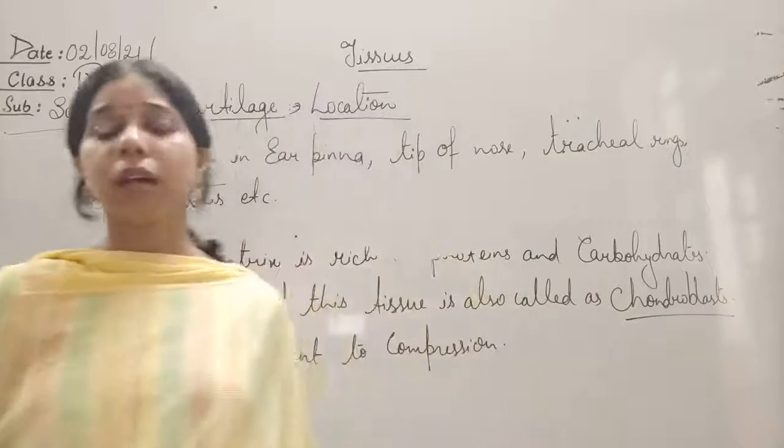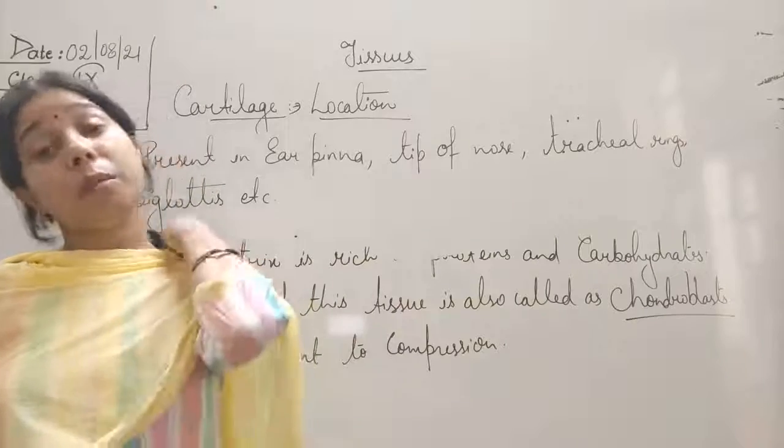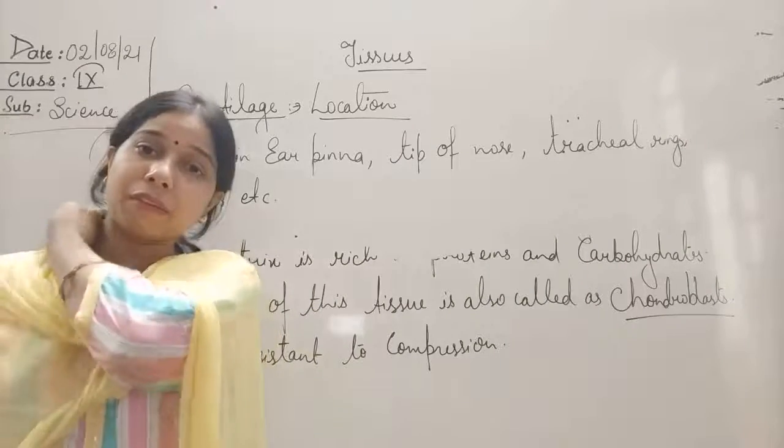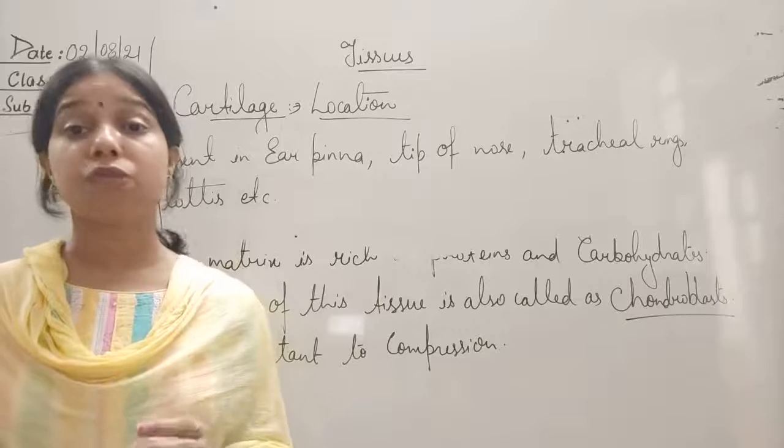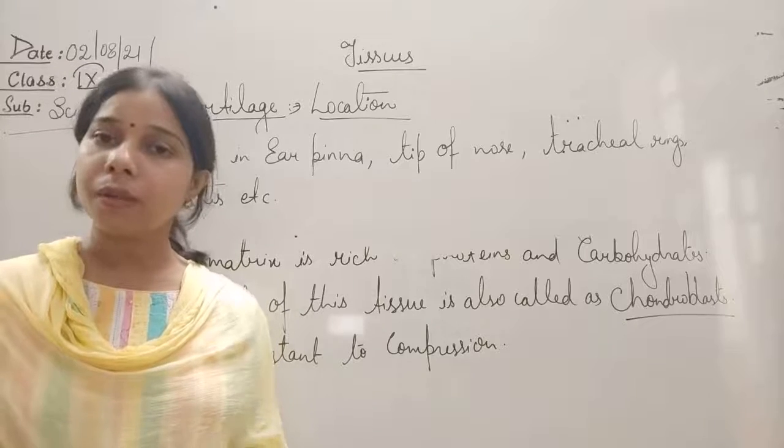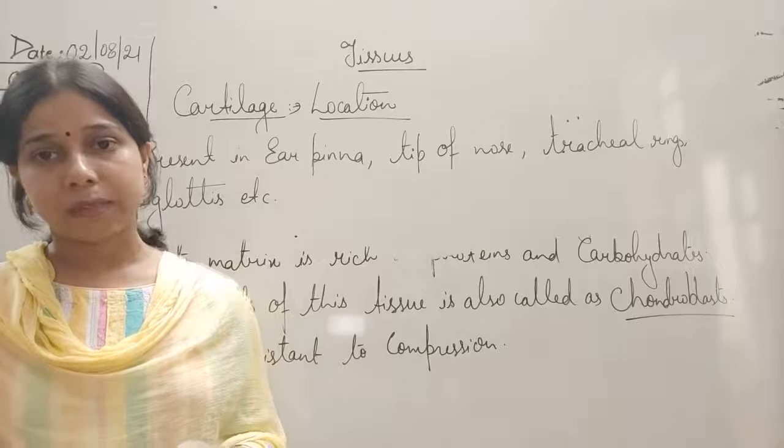Although we know that there are different kinds of cartilages, the common function that we will find in all of them remains the same, and that is to help in providing flexibility.